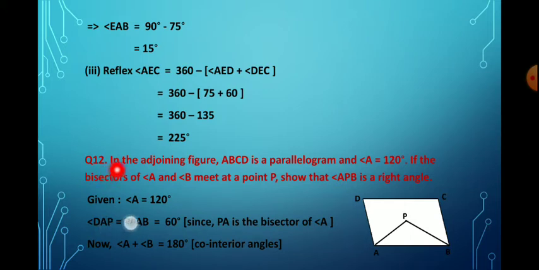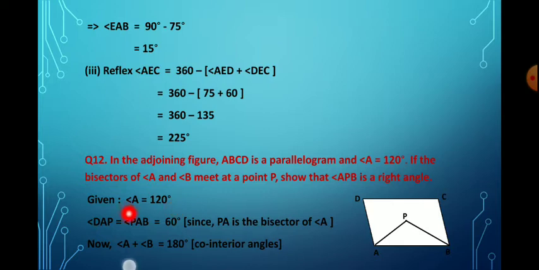Question number 12. In the adjoining figure, ABCD is a parallelogram and angle A is equal to 120 degree. If the bisectors of angle A and angle B meet at a point P, show that angle APB is a right angle. It's given that angle A is 120 degree, and PA is a bisector. So angle DAP equals angle PAB, that is 120 divided by 2, 60 degree.